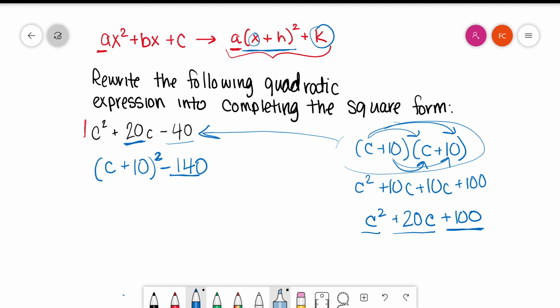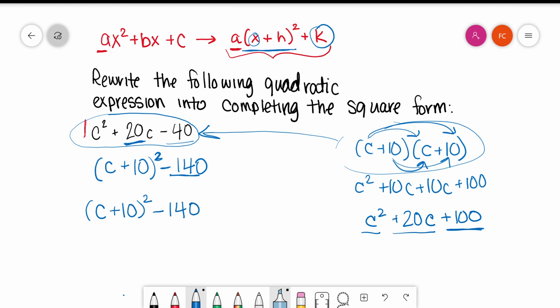So to rewrite this standard quadratic expression into completing the square form, it's going to be c squared, nope, I take that back, let me erase that, not c squared. It's going to be parentheses c plus 10 squared minus 140.